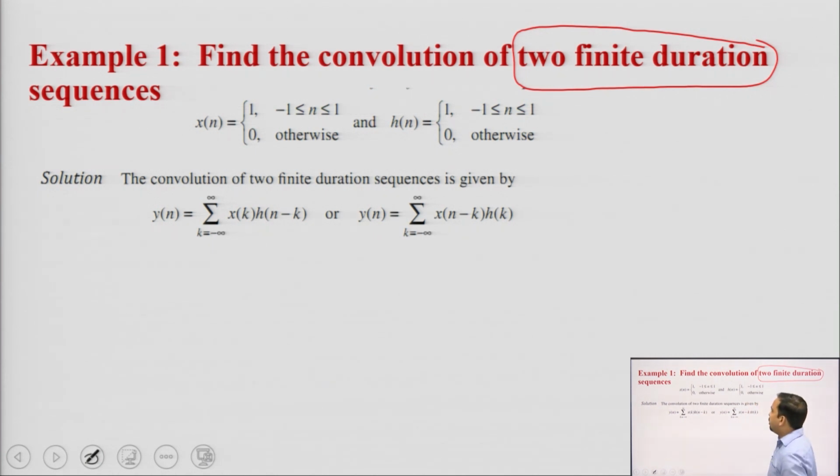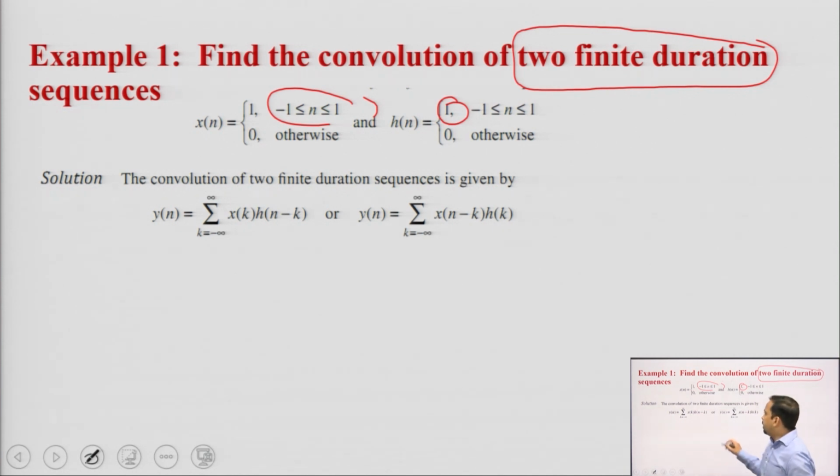We are given that x of n equals 1 for all n between minus 1 and 1, and h of n is also 1 for all n between minus 1 and 1. Otherwise, both signals x of n and h of n are 0, meaning for n less than minus 1 and greater than 1, the sequence is 0.